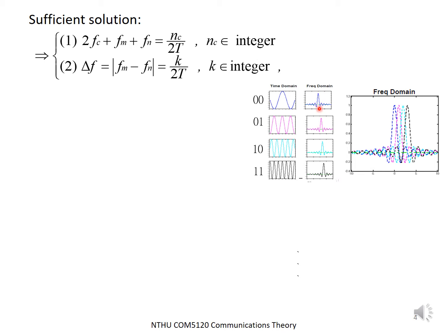So in the frequency domain, that's for every carrier frequency, but the frequency domain is a superposition of all the carrier frequencies. We have 4 different carrier frequencies. In every time symbol, only one of the carrier frequencies would show up to carry the message.